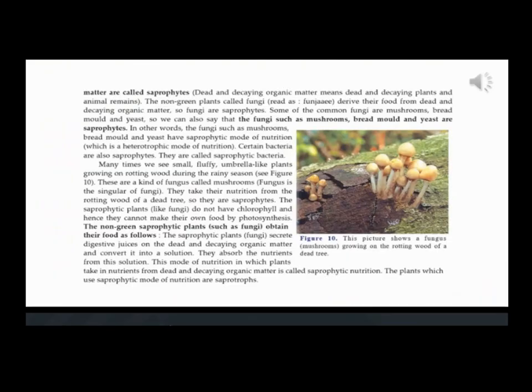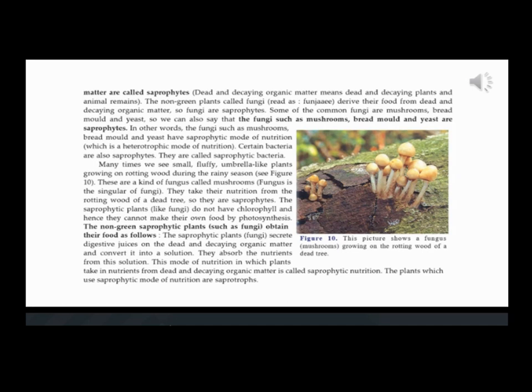Now the question is, how do the non-green saprophytic plants obtain their food from dead and decaying organic matter? Let me tell you how it is possible. Actually, children, the saprophytic plants secrete digestive juices on the dead and decaying organic matter and convert it into a solution.